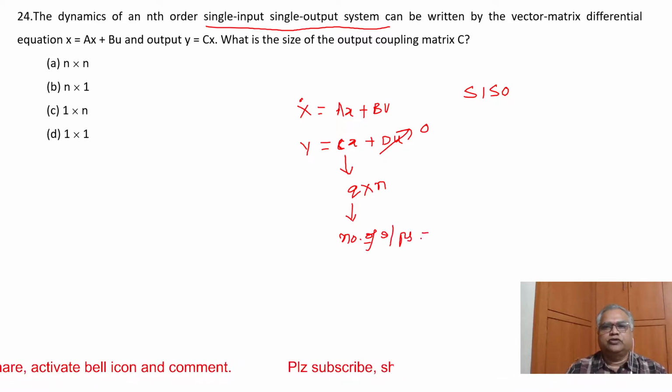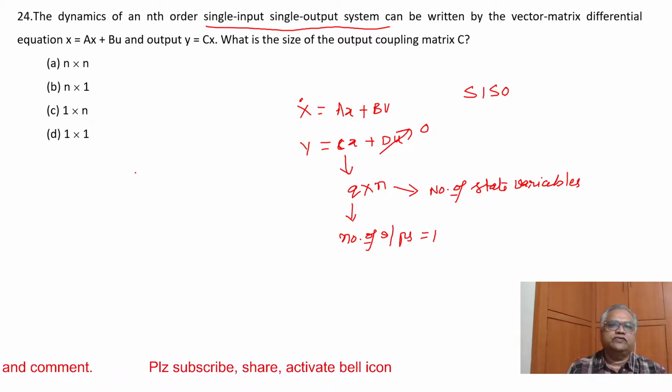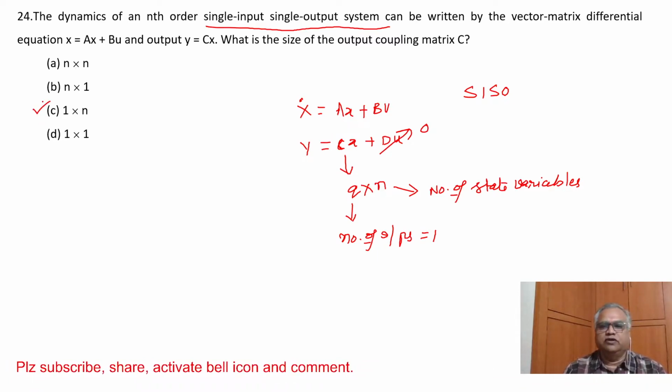So therefore it is 1. What is N? Number of state variables. So therefore, what is the size of C now? 1 by N. It is 1 by N.